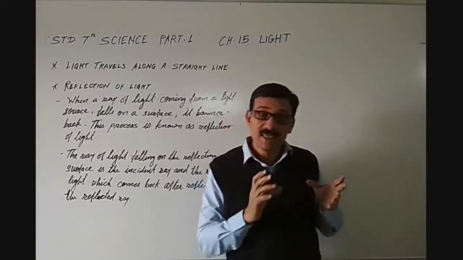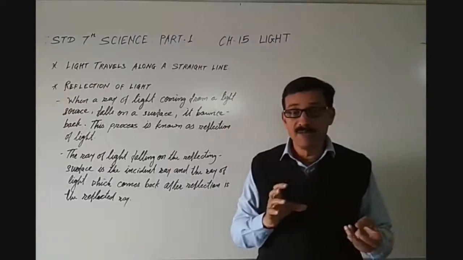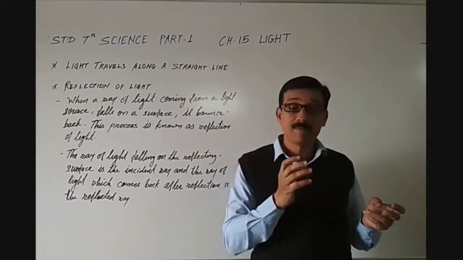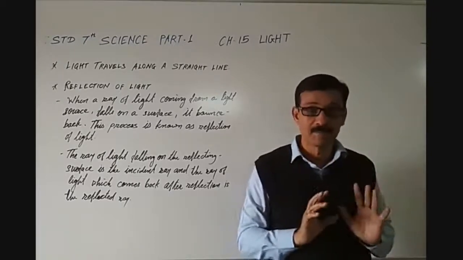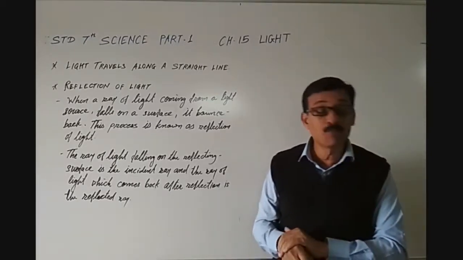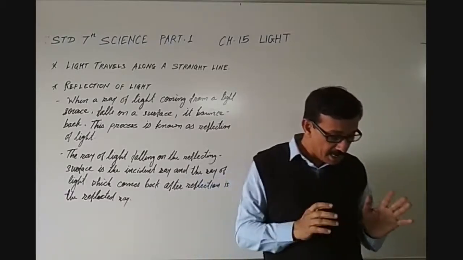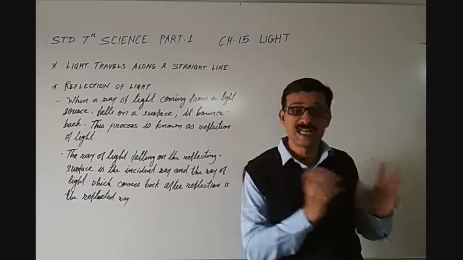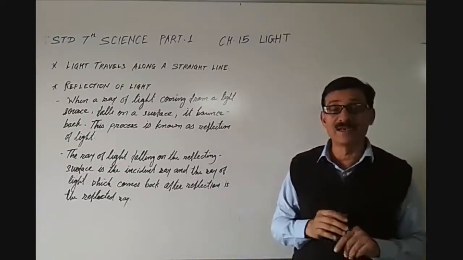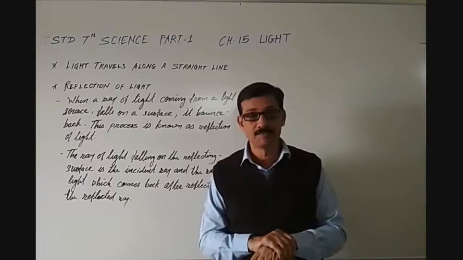But if the pipe is bent, then we cannot see the light of the candle through that bent pipe. You can see in figure 15.2 also. In 15.2a, through a straight pipe, it is possible to see the candle. But through the bent pipe, it is not possible.